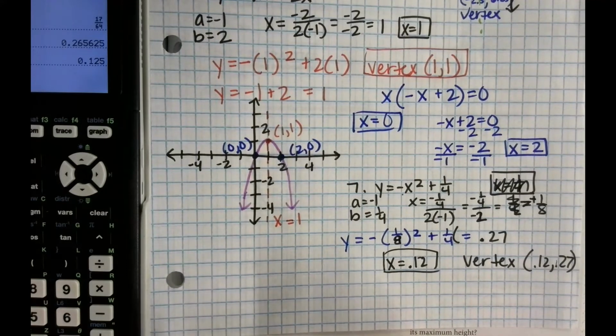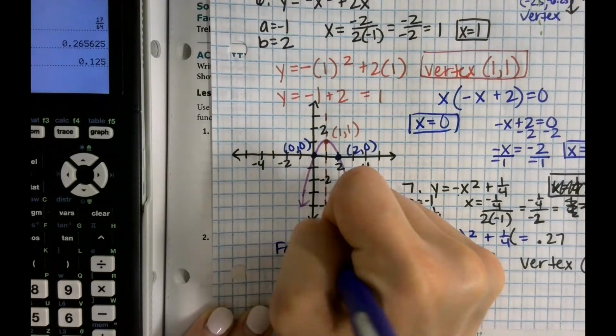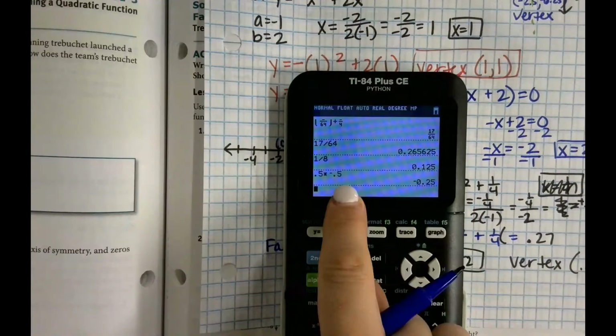So it's going to be a positive and a negative, times c, which is -1 or -0.25, equals -0.25, and then that would cancel out. 0.5 plus -0.5 is 0.